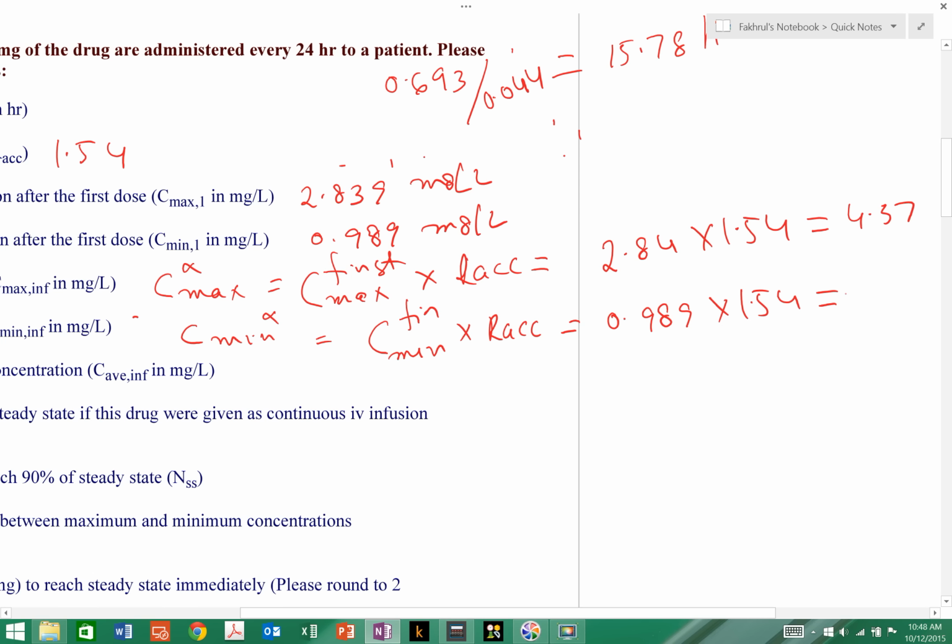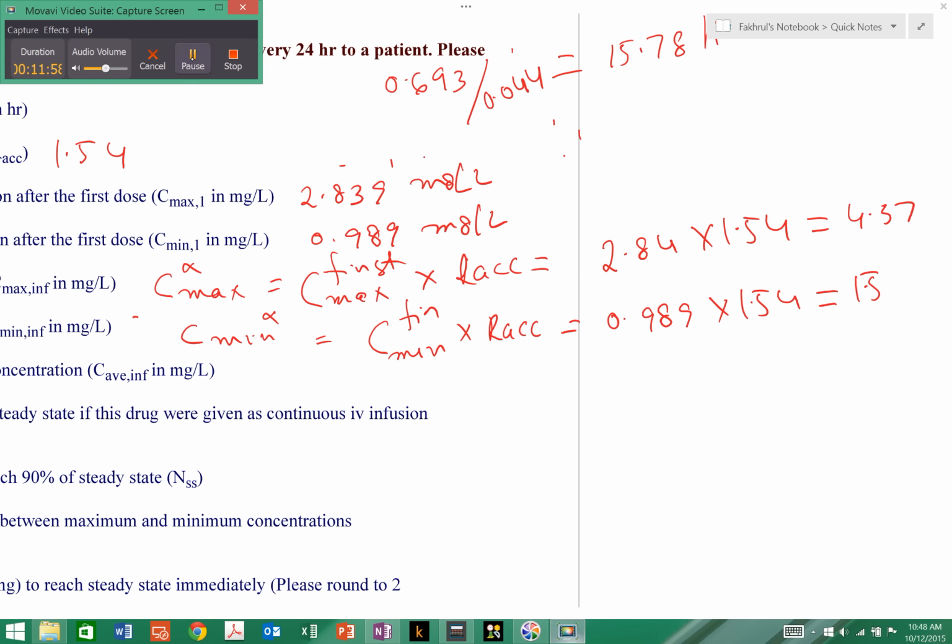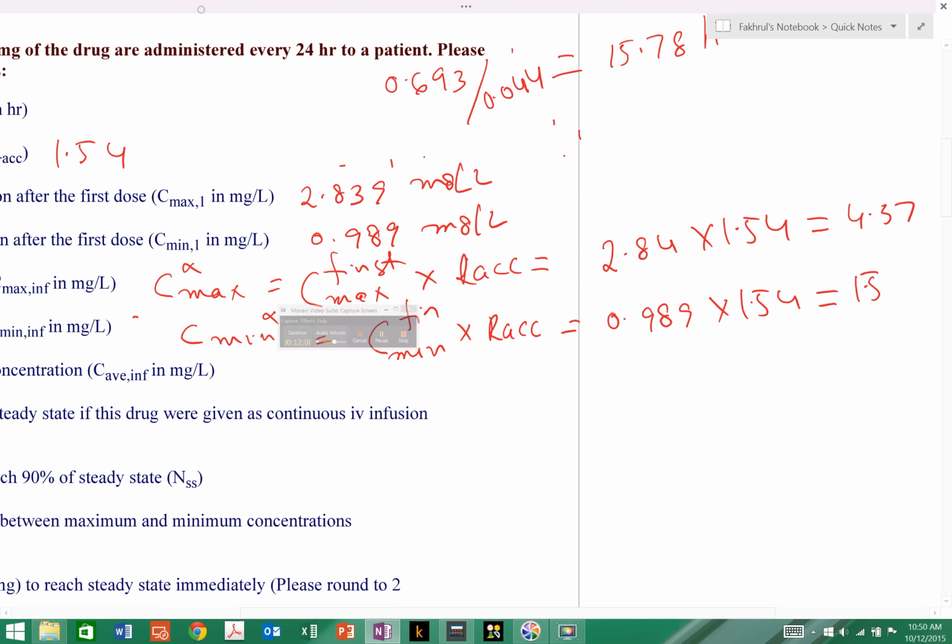It should give you 1.51. Let's see. It makes little sense though. Just a minute. Okay, it will give you something like 1.519. It could be 1.52.